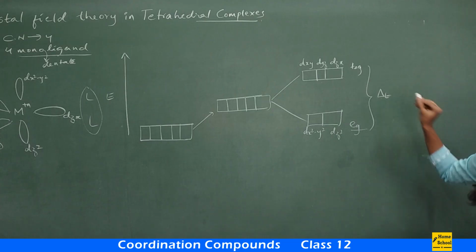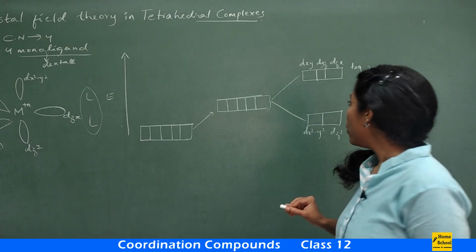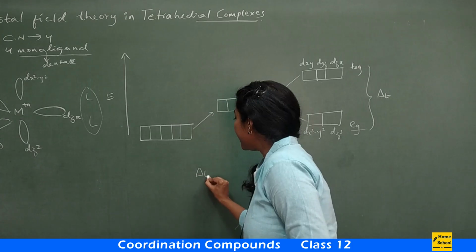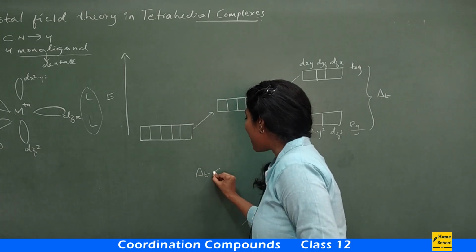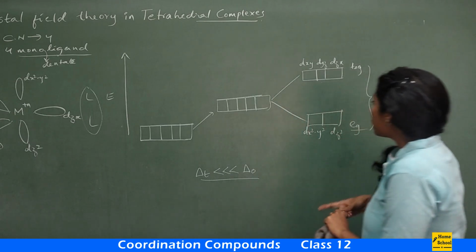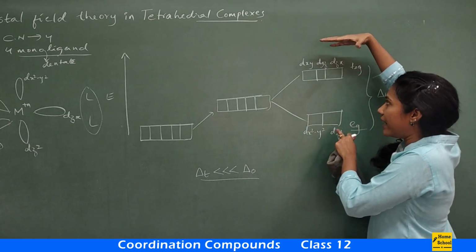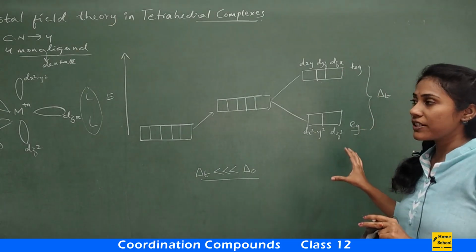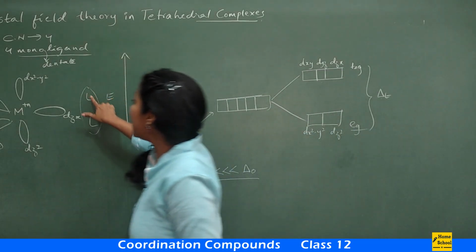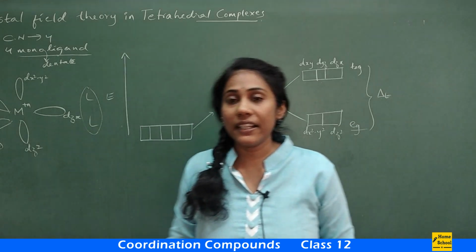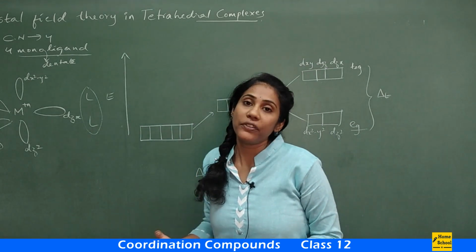T represents tetrahedral complexes. And you know what? Delta T is much lesser than delta O, guys. You don't have a large energy difference; you have a very small energy difference irrespective of the type of ligand. The ligand can be a strong field ligand or a weak field ligand.